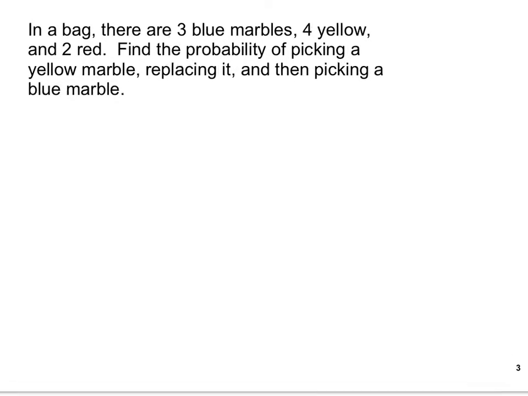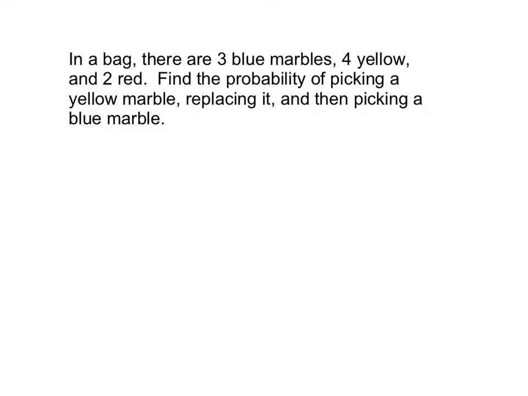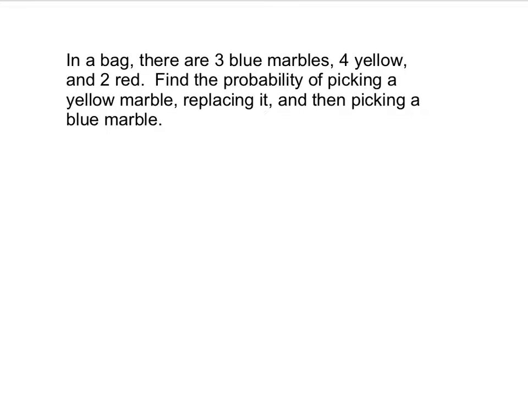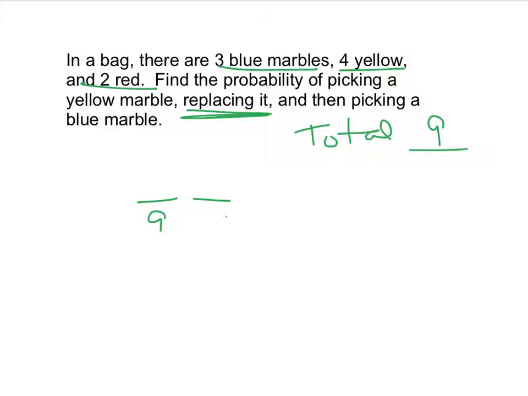So here we have a bag, there are 3 blue marbles, 4 yellow, 2 red, so the total is 9. Now it says they replace it, so that means no matter what, if we have 2 events, the bottom number will always be 9, and we're going to multiply them together.